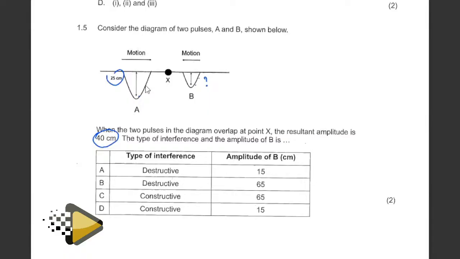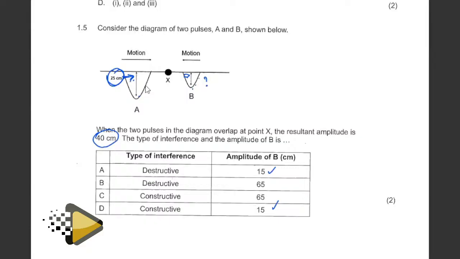But if this is a 25 with this amplitude and it's the biggest pulse, and this is a shorter pulse, which is B, with a shorter one I'm having 15 and 15.